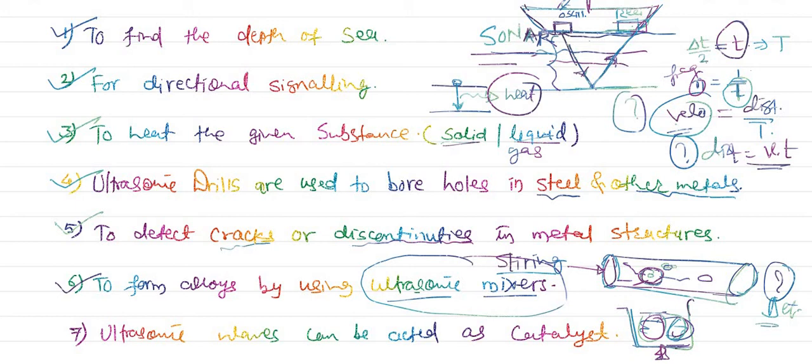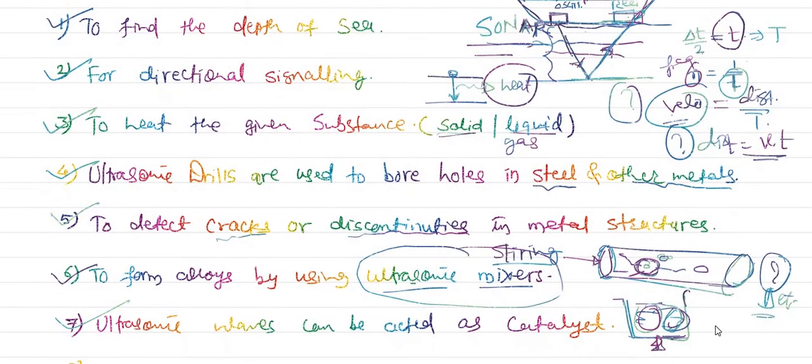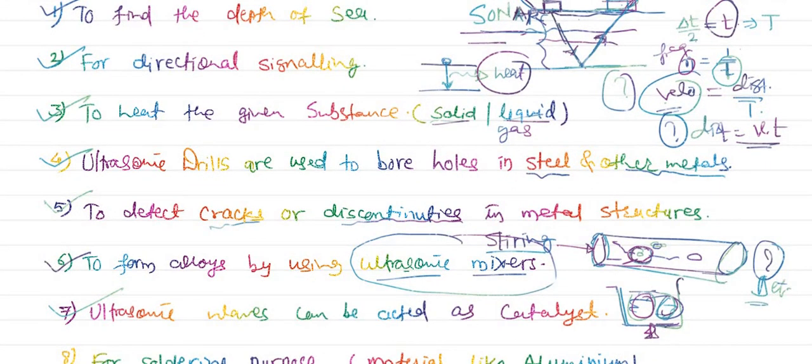Next one, ultrasonic waves can act as a catalyst. This is an important application in chemistry and chemical industries, where they want to increase the rate of reaction. What is the role of a catalyst? Chemistry people might know it better, but whatever I know, I will tell you.